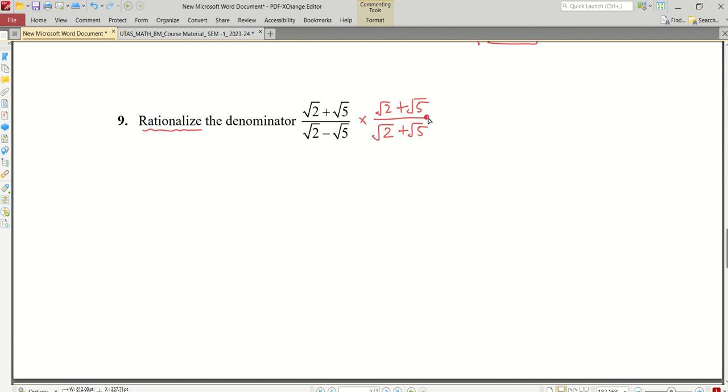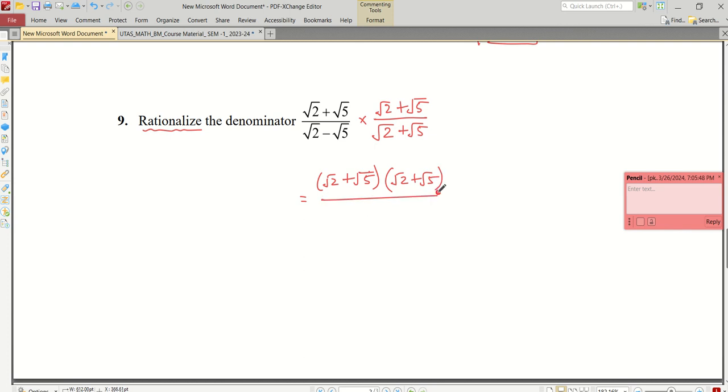Clear? Now this is the same thing. So what will happen? The numerator is the same. So what is this? Square root 2 plus square root 5 in brackets, and square root 2 plus square root 5 on the downside. Now if you remember, I told you one thing.